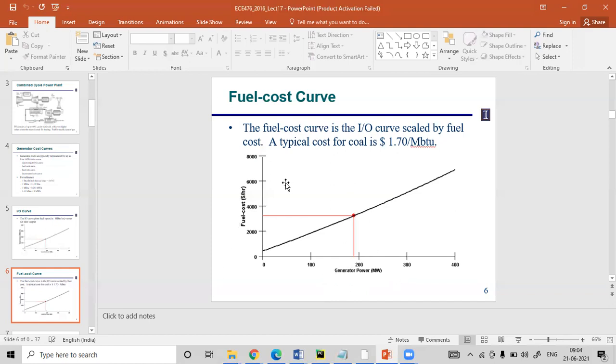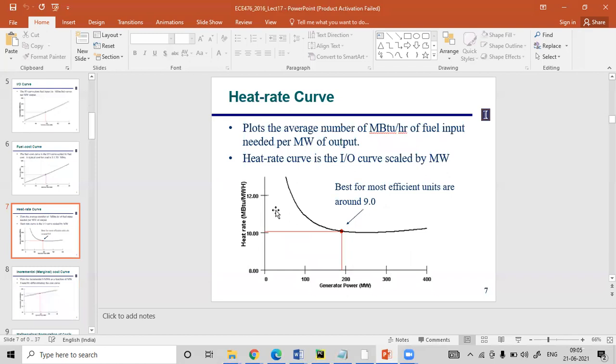This will be similar because fuel cost can be calculated from the input output curve by simply multiplying the cost of the fuel per unit required to generate the per unit power of the generator. Right? Is that clear? Hence, this fuel cost curve will be similar to the input output curve.